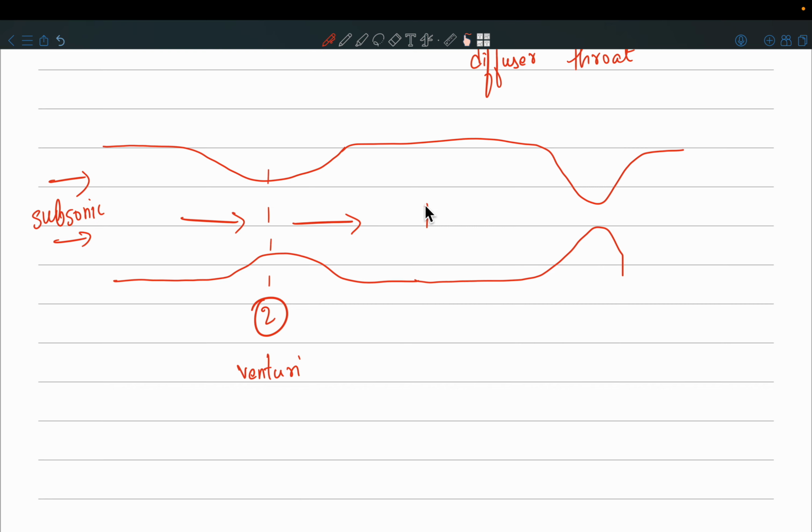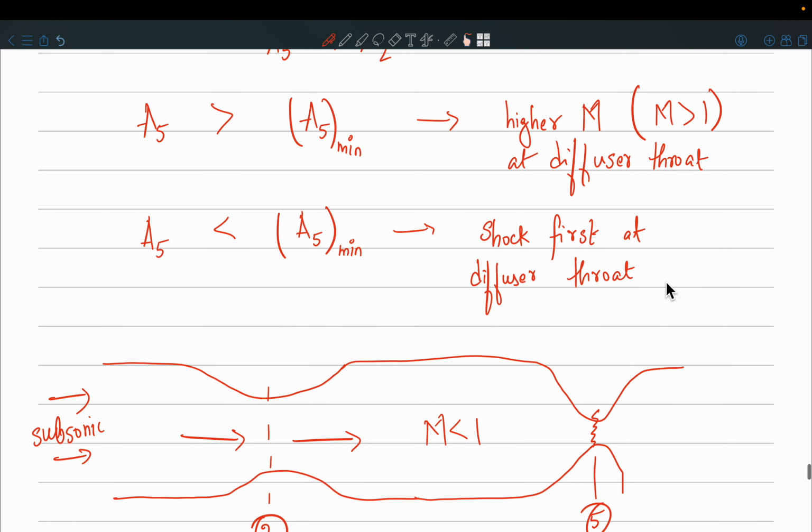So in the test section I will always have subsonic flow. So if the shock occurs first at 5, the diffuser throat, then the flow is going to remain subsonic always. Then what is the point? We are not going to have a supersonic flow, right? Yeah. So this is the problem.